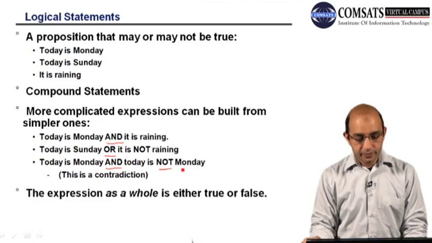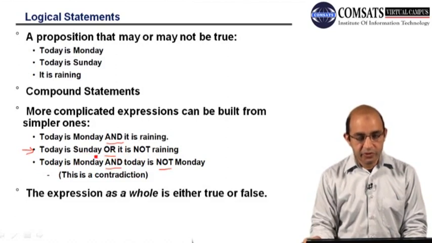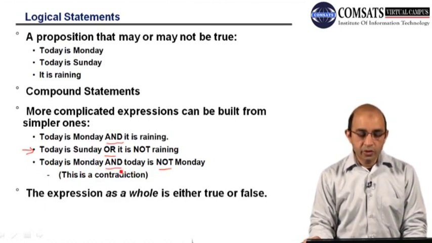If you look at this second statement, "today is Sunday or it is not raining", you have to conclude that this has to be true or false, and then this is a contradictory statement like "today is Monday and today is not Monday". So on the whole, those compound statements have to be true or false.